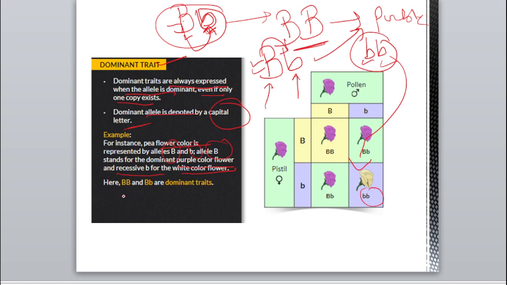When both are capital, it is obviously going to show the dominant trait. If one is dominant over the other, we will be able to see the color of the dominant allele. So this is important.